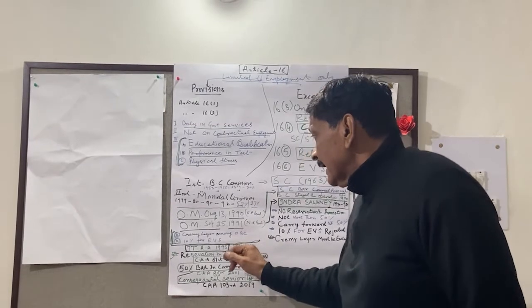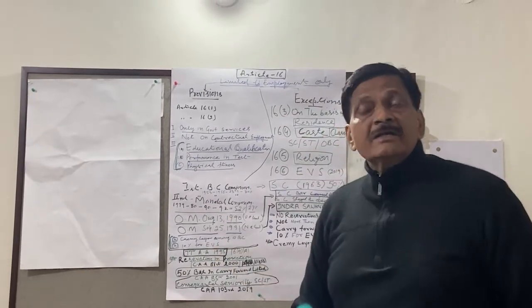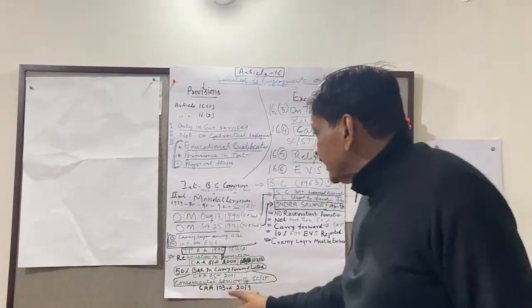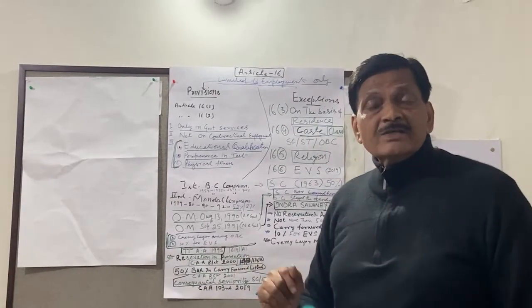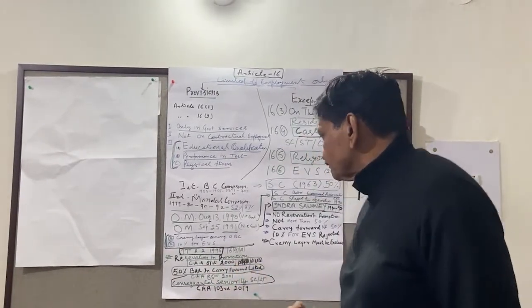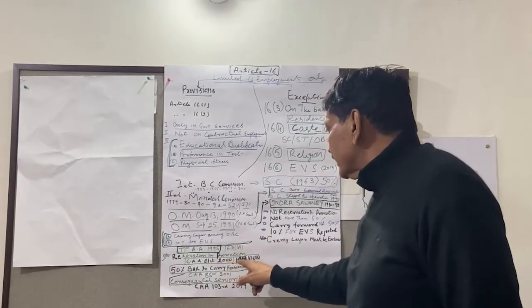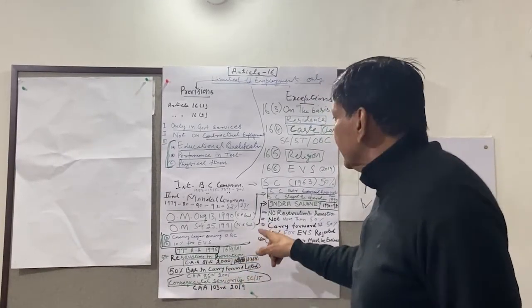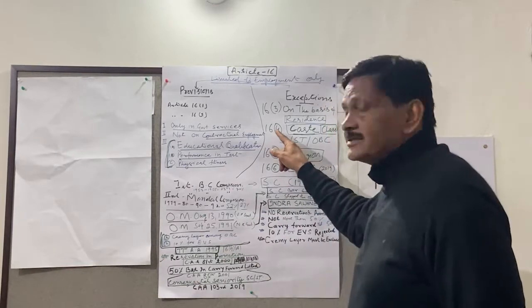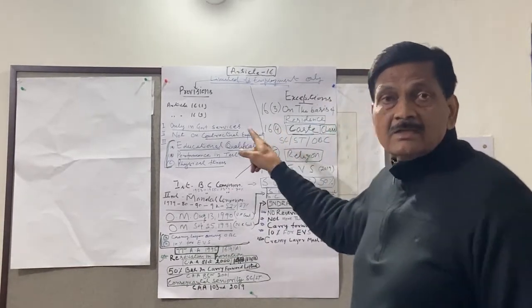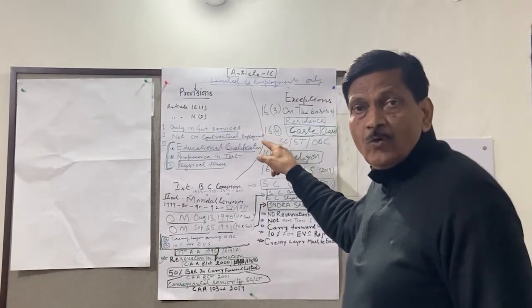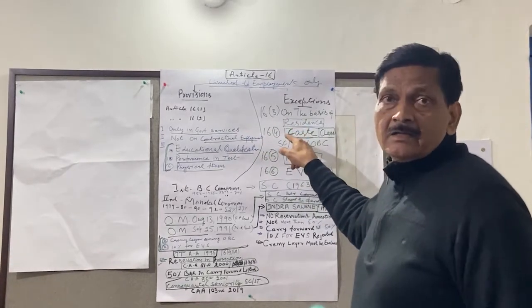1995. The second important amendment in this regard was 81st Amendment, which happened in 2000. This 81st amendment clearly added another clause in 16.4, that is 16 clause 4b.